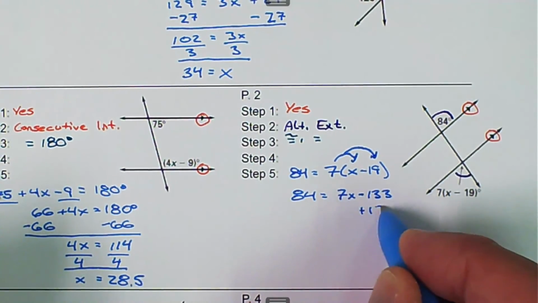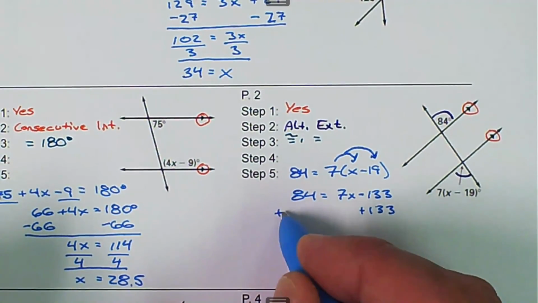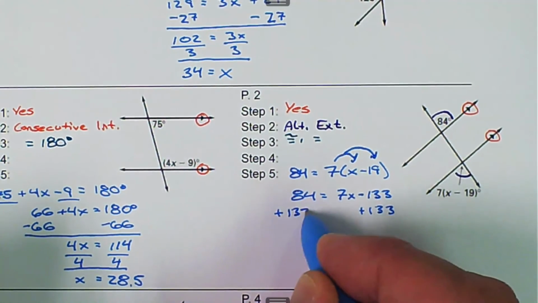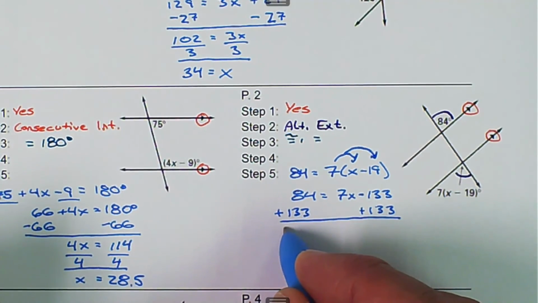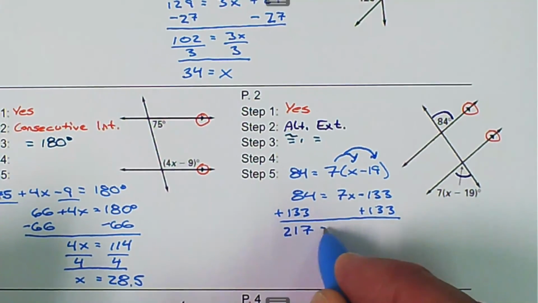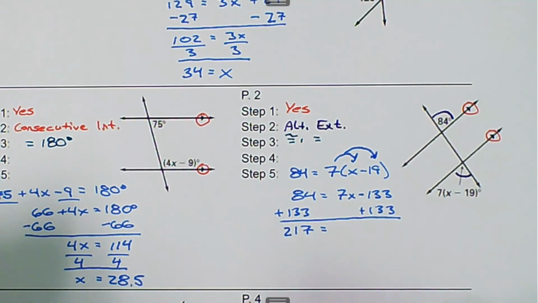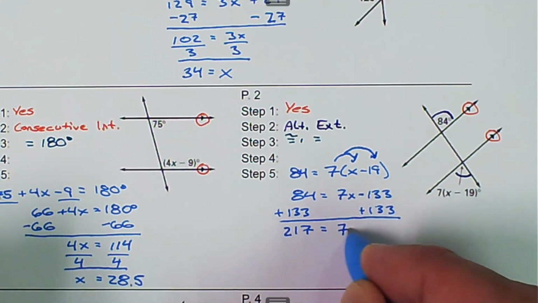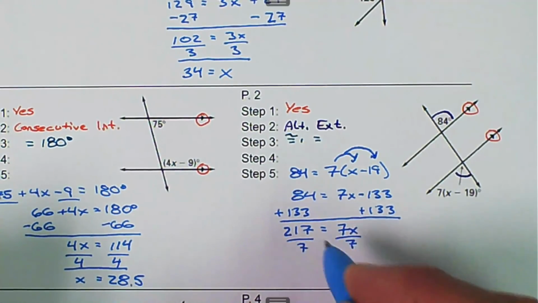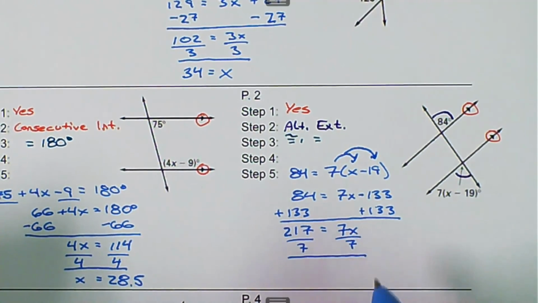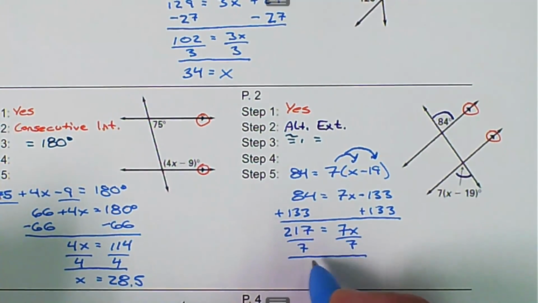The addition property of equality, and then that tells us that 217 is equal to 7x. Divide by 7, and we get 31 is equal to x.